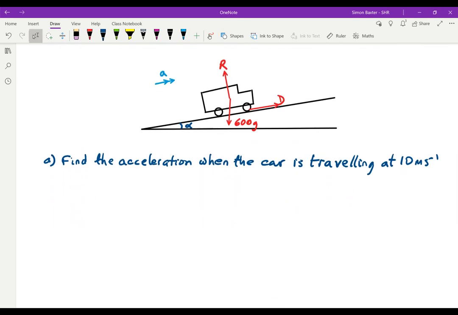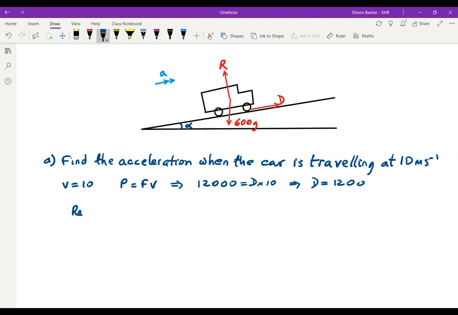Well, here we have V equals 10. Power is force times speed. And so in this instance, we've got the power is 12,000. The driving force is D, and the speed is 10, which gives us that D is equal to 1200.